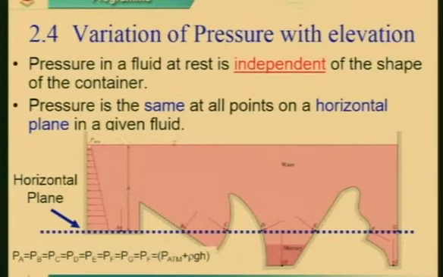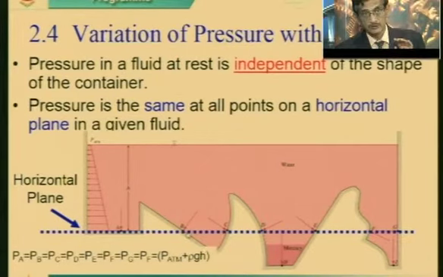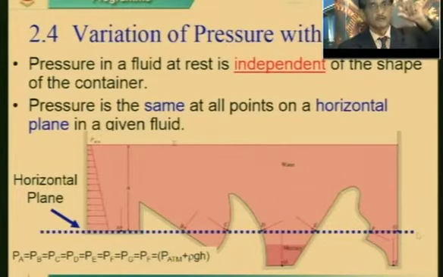Now, you can see this is a tank having a flat bottom, then triangular, then semicircular, again curved, then flat, trapezoidal, inclined, and some erratic shape. As long as this liquid is the same, water, at this point and at this point and all along this dotted line, the pressure is the same because the head is the same.